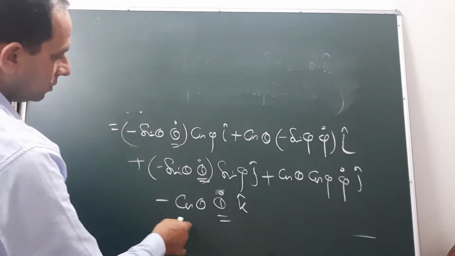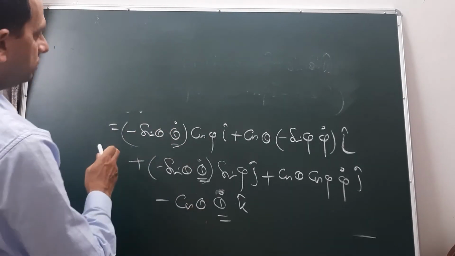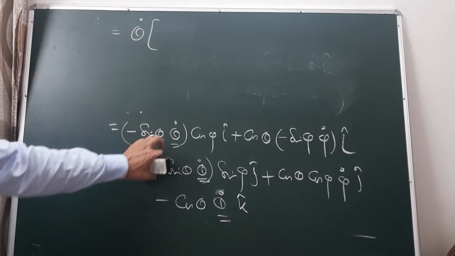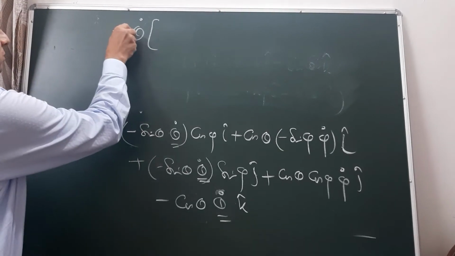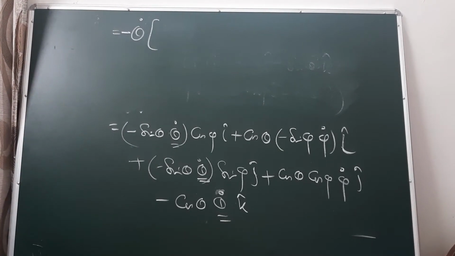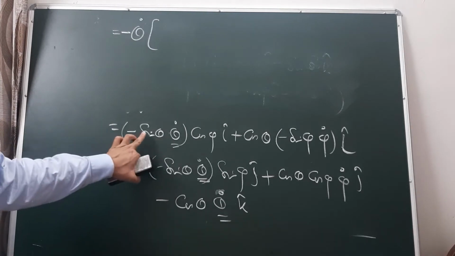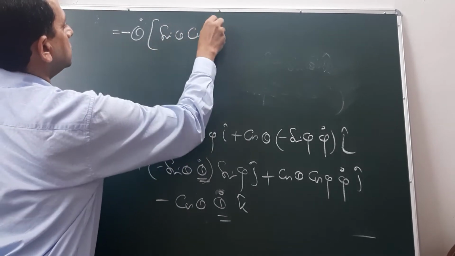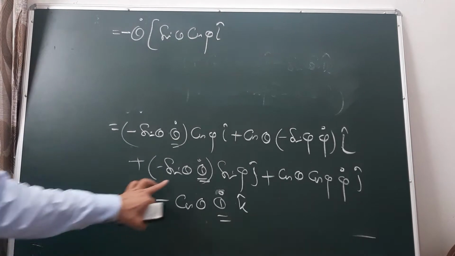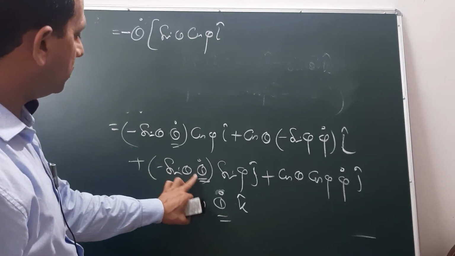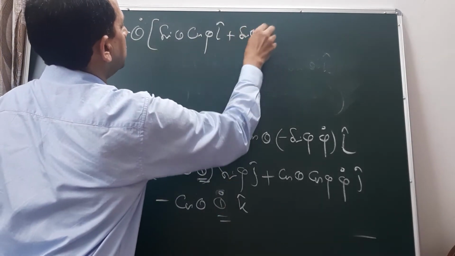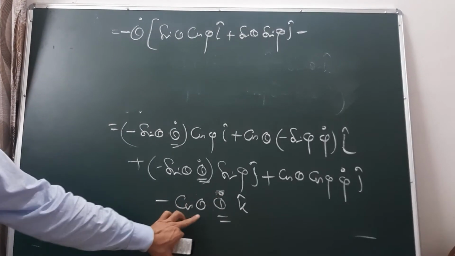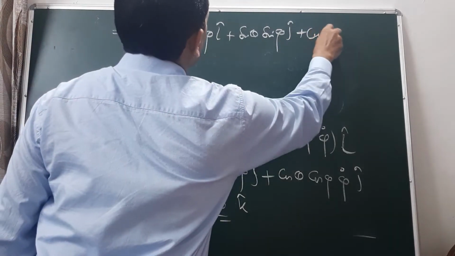So, I will take theta dot common from these terms, and the minus is also common, that is minus theta dot, and the remaining terms are sin theta cos phi i, and sin theta sin phi j, and cos theta k.